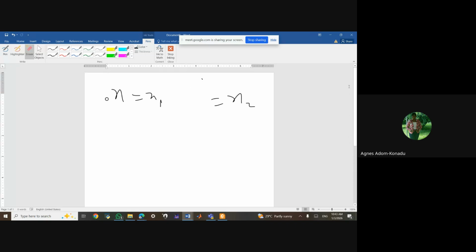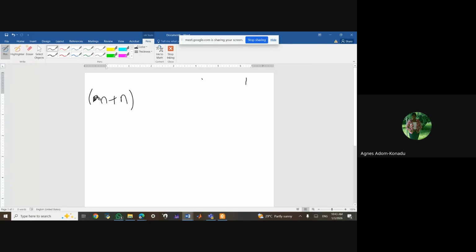To even get that, we have to use the binomial theorem. So I will write m plus n cube. By the binomial theorem, I can use the Pascal triangle. Can somebody give me the Pascal triangle? Let me make it m plus n. If it's to the power 0, it is 1.